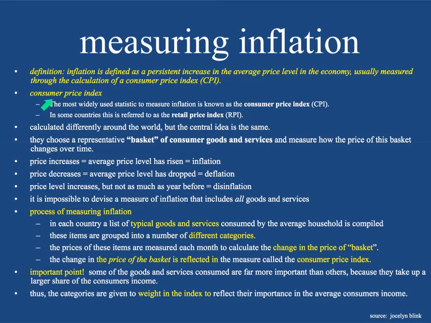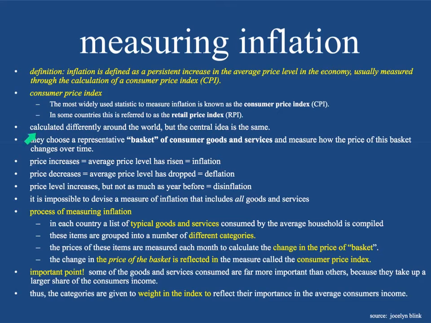Super easy, right? Consumer price index is the most widely used statistic to measure inflation, and it's known as the consumer price index or CPI. In some countries, they refer to it as the retail price index, which is the same thing. The retail prices of things, put in an index, come up with an average or a number based on adding up all of those prices, and you're good, and you come up with your index.